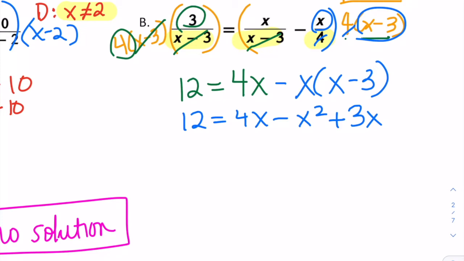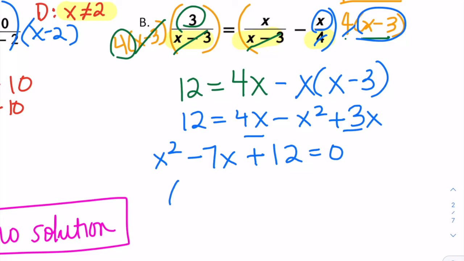Now I'm going to move everything to the left side, so we add x squared. I'm going to combine these two, that's 7x. Subtract it from both sides, we get x squared minus 7x plus 12 equals 0. Now we're looking for two numbers that add up to negative 7 and multiply to make 12. So that's x minus 3, when we factor, times x minus 4.